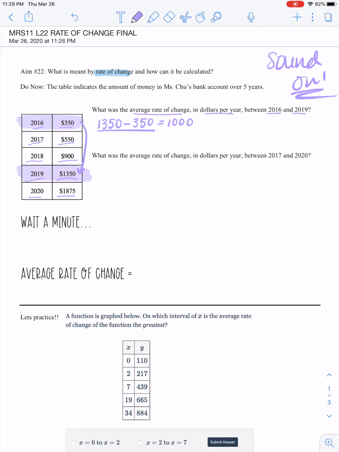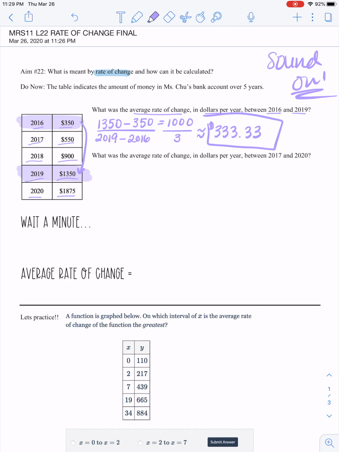So again, if I want to find out how much they change, I know that that's 3 years, but I need to show my work. So I'm going to subtract 2019 minus 2016, and I get that that's going to be 3 years. I'm sorry, I didn't give us very nice numbers to work with. Take this, put it into your calculator, go ahead and divide, and I get approximately, the symbol is approximately, $333.33.